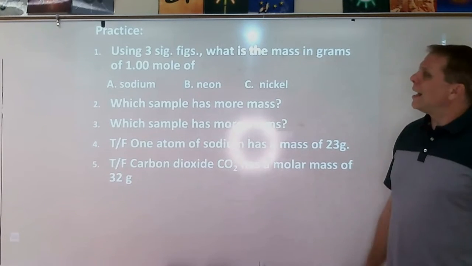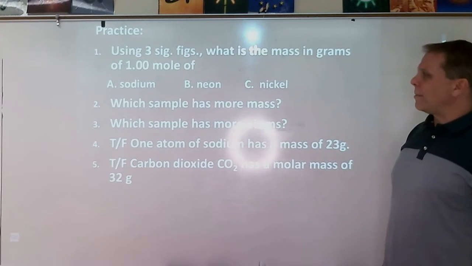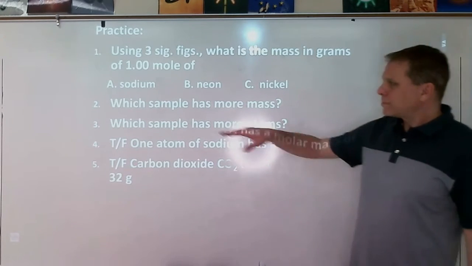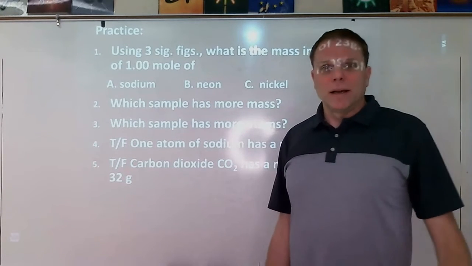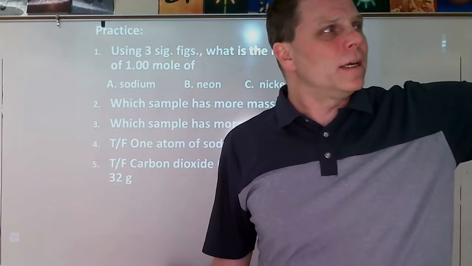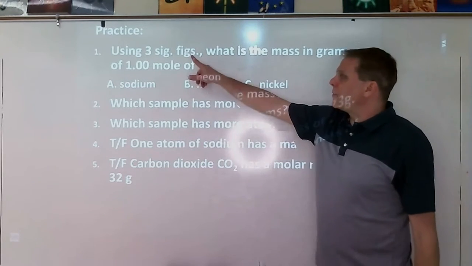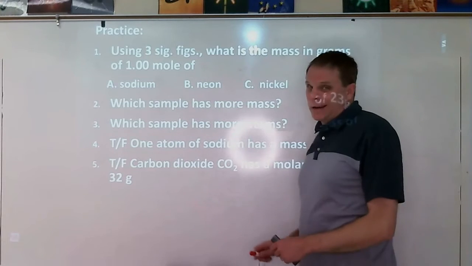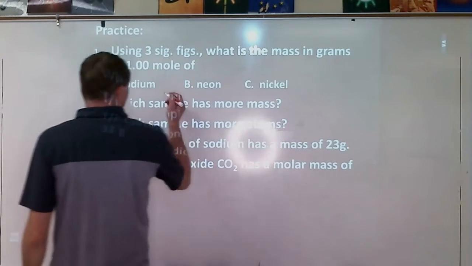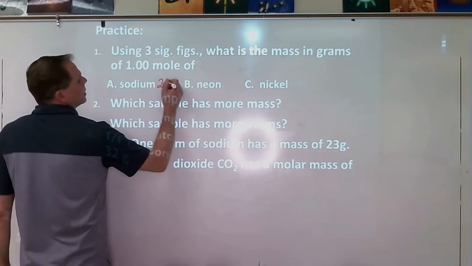And you're back. And let's talk about the mass in grams of a mole of sodium. Look at the periodic table. All right, you look up there, sodium's 22.99. All right, so 3 sig figs, 22.99 is not going to do it, is it? So we should say 23.0.